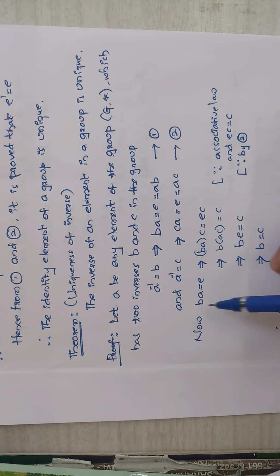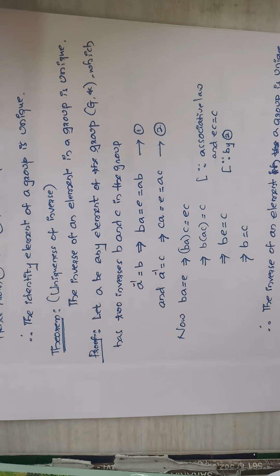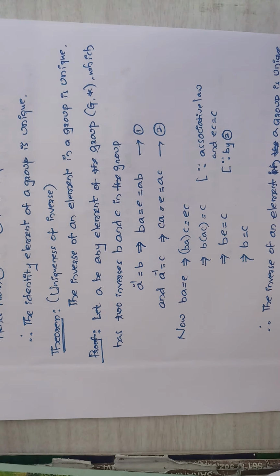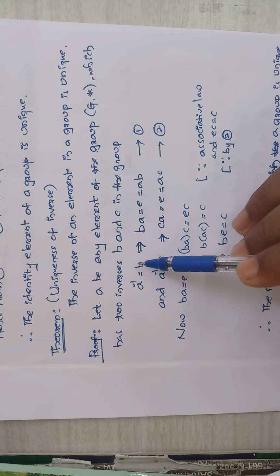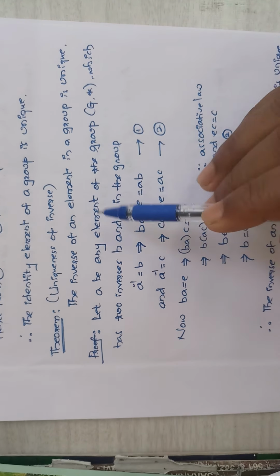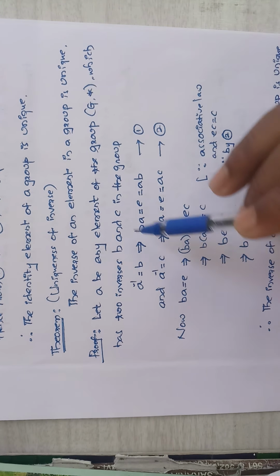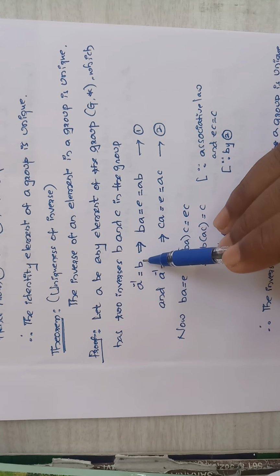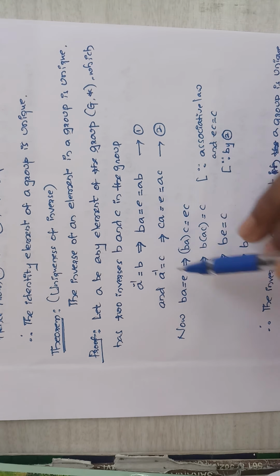So now I am taking BA is equal to E, because here A inverse is equal to B and A inverse is equal to C. We have to prove here that the inverse of an element in a group is unique. So therefore we have to prove B is equal to C. Okay.